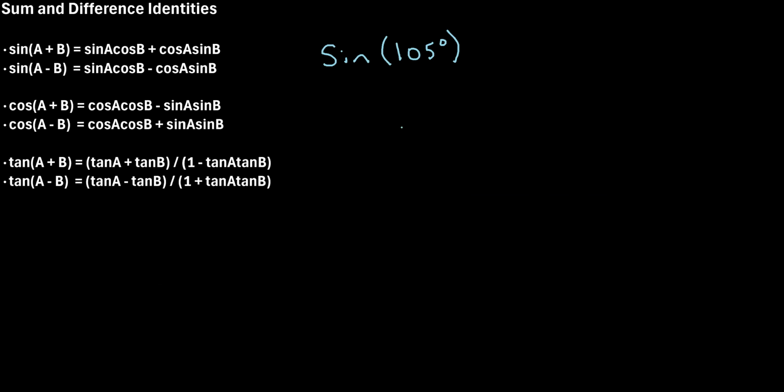Let's try another one. Let's say we want to find the sine of 105 degrees. Well, we can rewrite that to be the sine of 60 degrees plus 45 degrees.